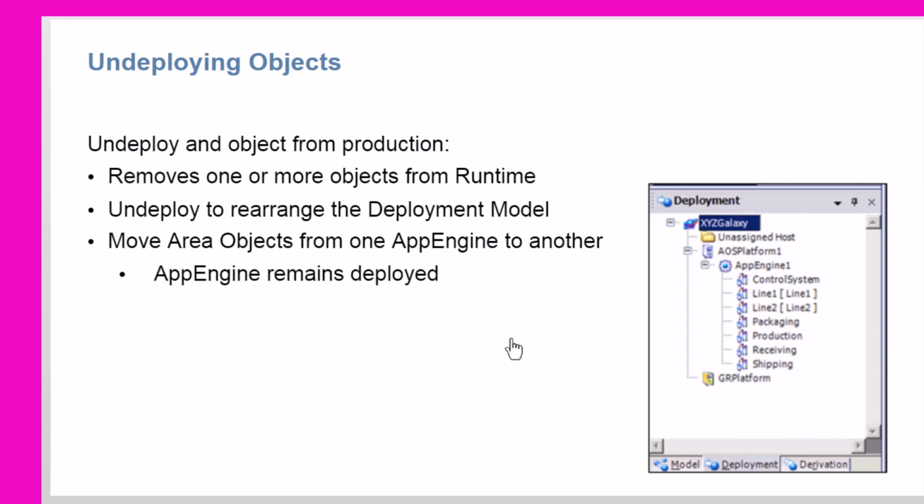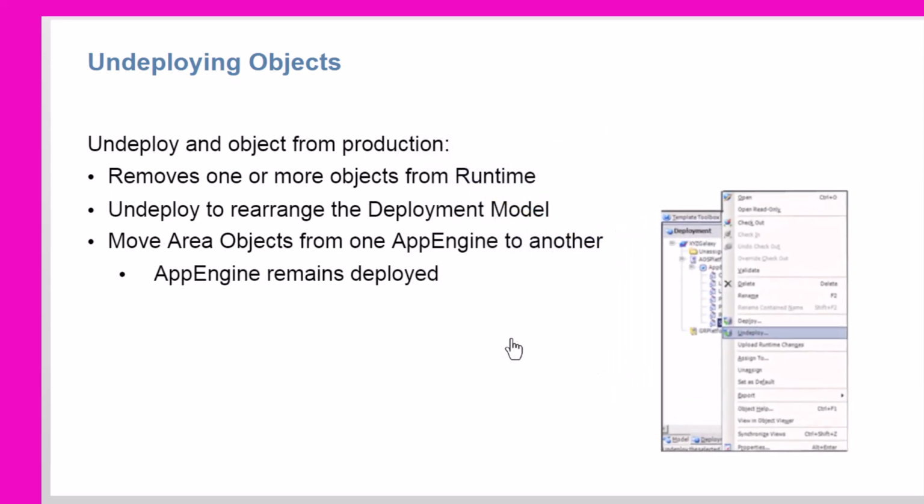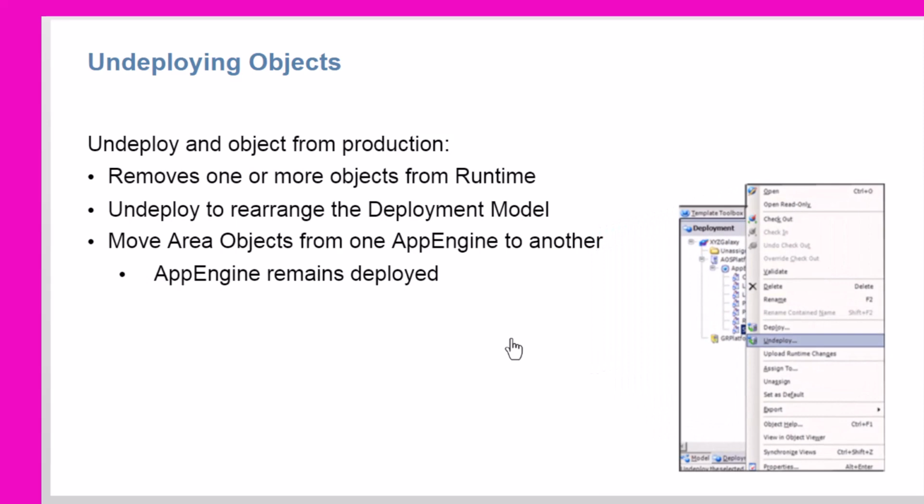The app engine object can remain deployed as well as any other object deployed to that app engine. Here is another example. If you need to retire a piece of equipment or rename something in the Galaxy, you need to undeploy this from runtime.